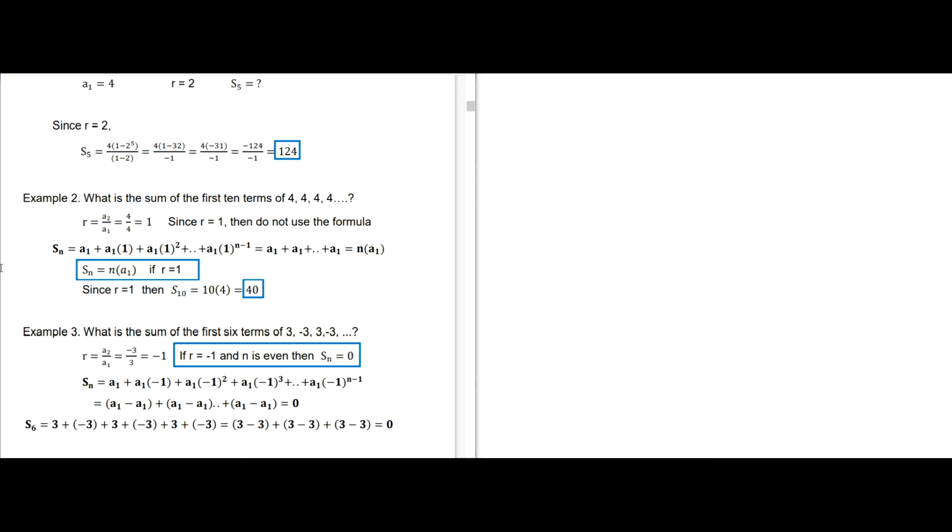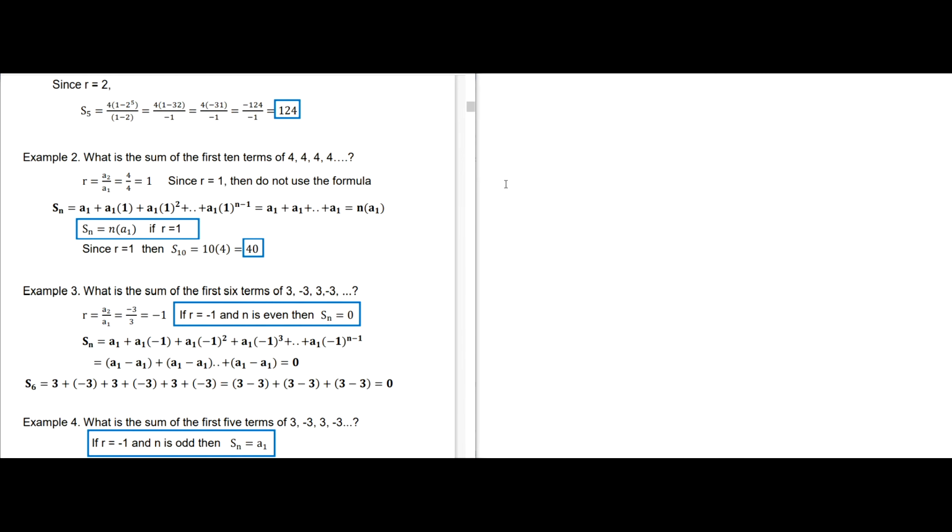Since S sub n is equal to n times a sub 1 if r is 1, S sub 10 is equal to 10 times 4, which is 40. Para ka lang na gano'n dyan, 10 4s, i-add mo. Therefore, that is 40. This is a geometric sequence pa rin kasi the common ratio is 1.